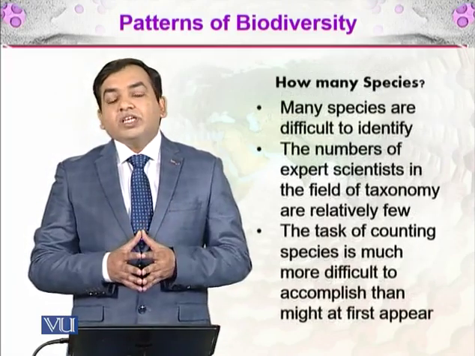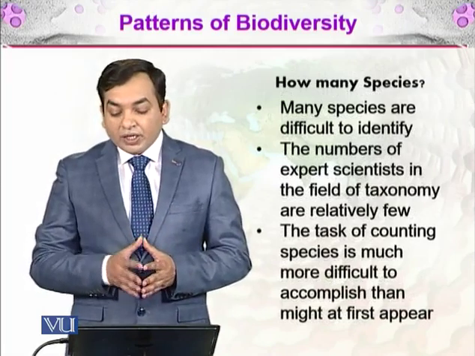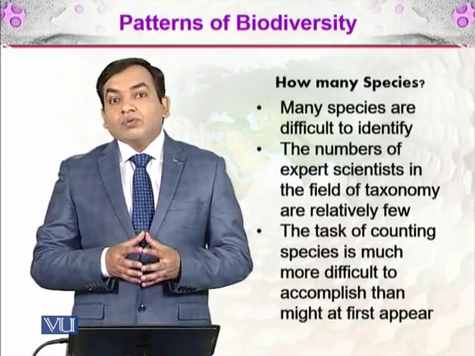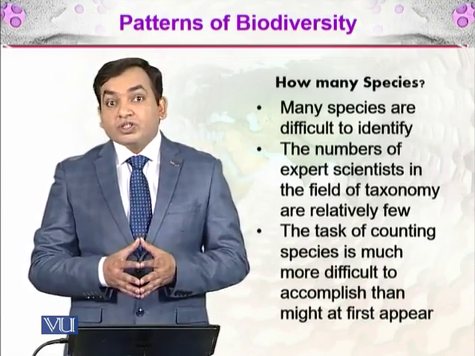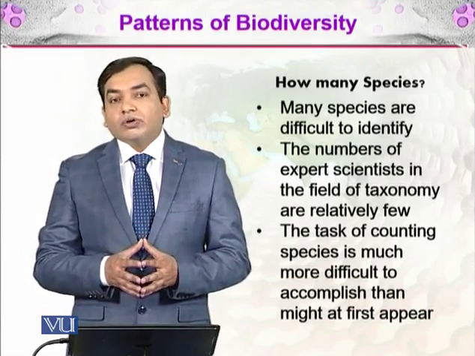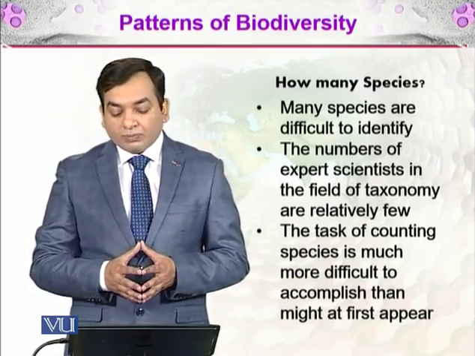So, how many species are there on our planet? Many species are difficult to identify. First of all, we have to agree on a definition of a species, and then we can count how many species are present on the planet according to that particular definition.